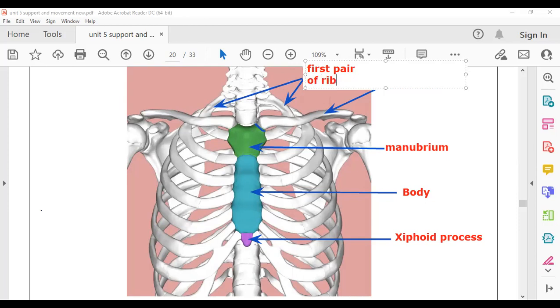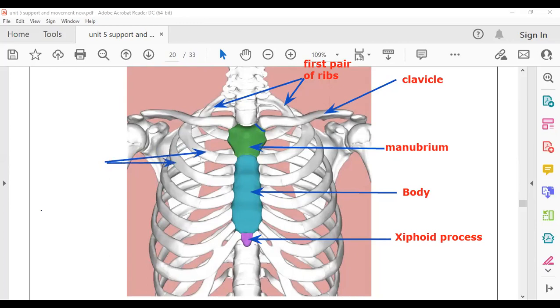The first pair of ribs are also articulating with the manubrium. Understood? Yes, sir.